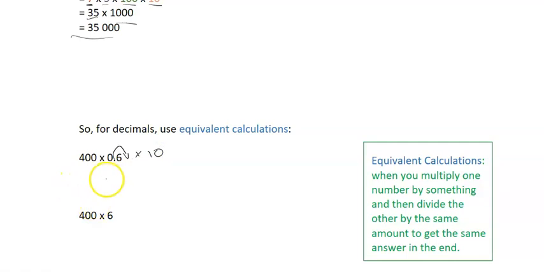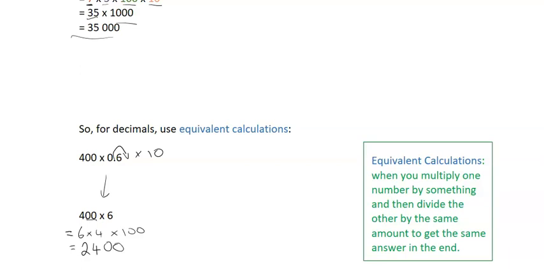So you end up with 400 multiplied by 6. Once you get that, break it down like I did above, so you could do 6 times 4 and then multiply it by the 100 from the 400. So you end up with 2400, okay? That's one way to do it.